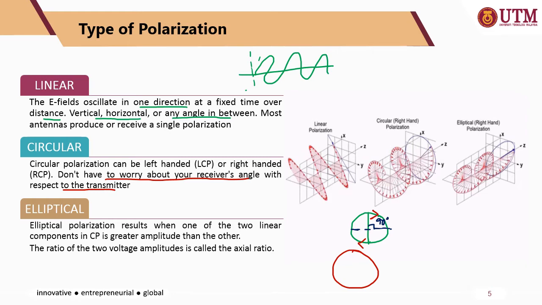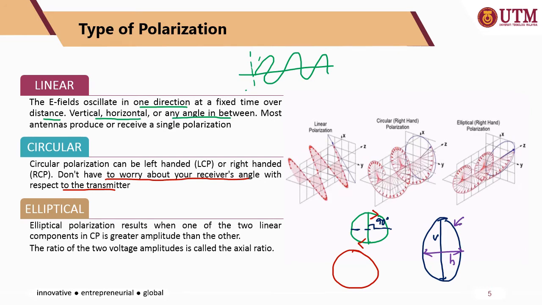Okay, for elliptical, it's more or less the same as circular, but the magnitude, or the voltage, of one of the components, for example the vertical component, is higher than the horizontal component. So it develops an elliptical shape.